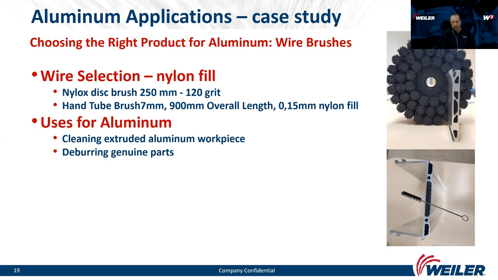In the first application, a 250 millimeter disc brush was meant for an automatic robotic cell machine. In the second application, picture top down on the right side, we used a 7 millimeter hand brush for deburring the holes. So this will be from my side. Franja, back to you.